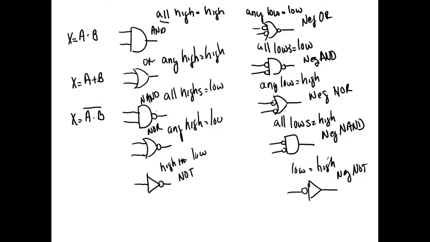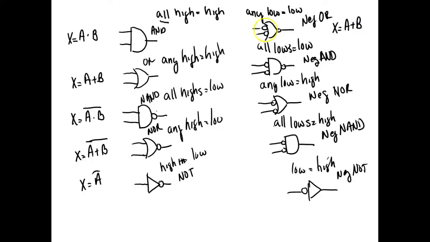Y'all follow me so far? Over here I'd put X is equal to A or B, and I'd put a bar above it. And here I'd say X equals, some people put not X, right there. Okay. So what would the Boolean equation be for this one? X equals A or B.